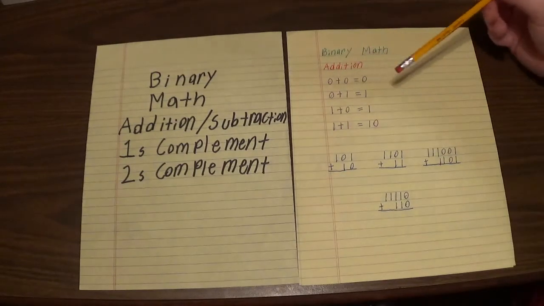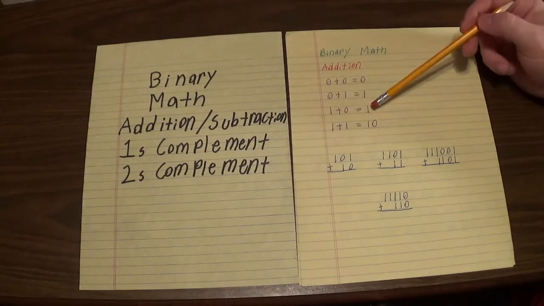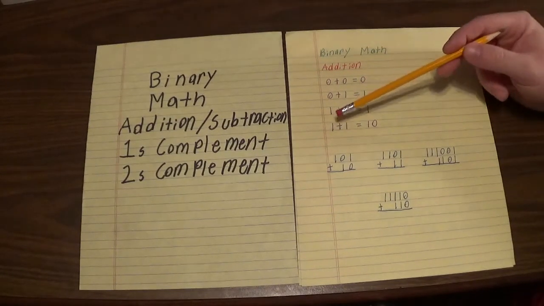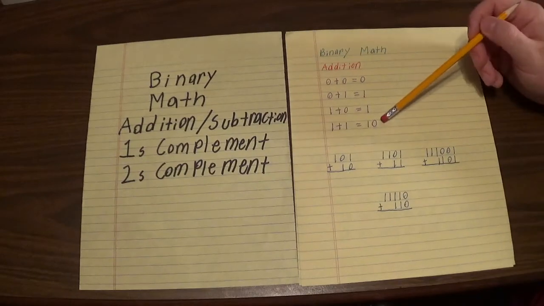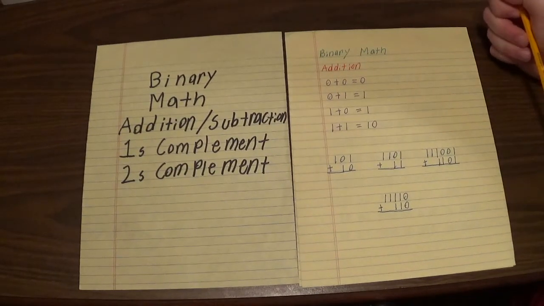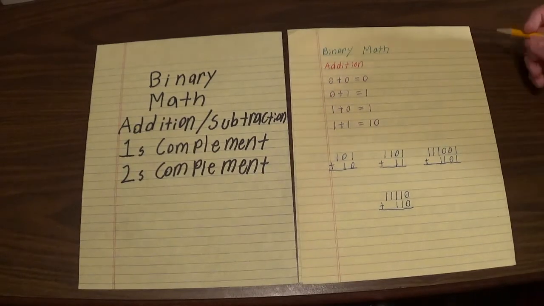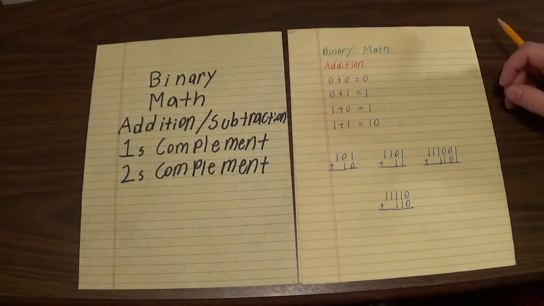So 0 plus 0 is 0, 0 plus 1 is 1, 1 plus 0 is 1, and 1 plus 1 is 2, which in binary is 1, 0, right? Because 1 is as far as we can go per single place value in binary, so we have to use another place value.